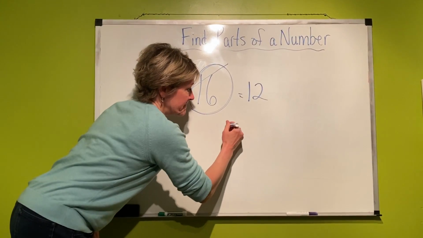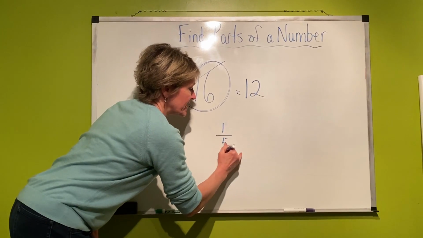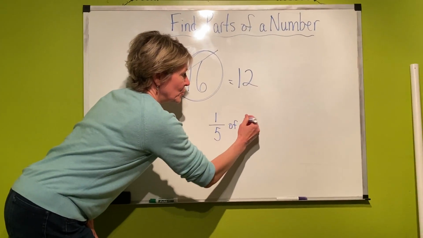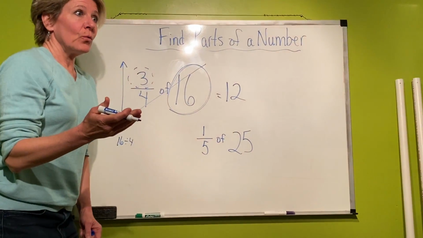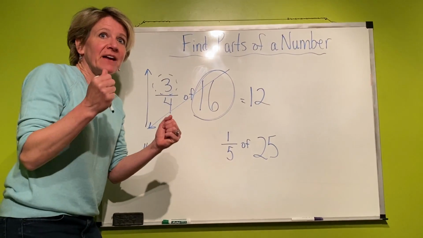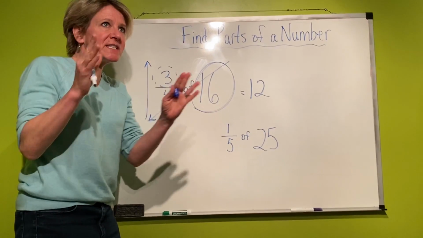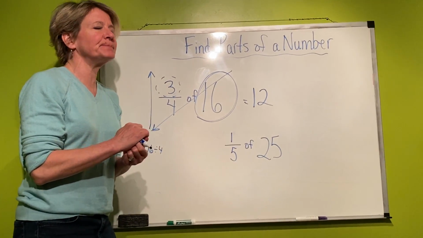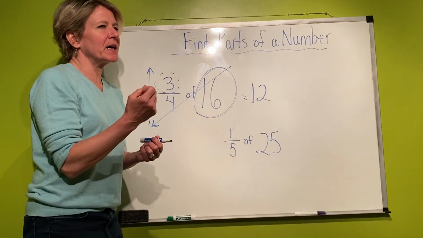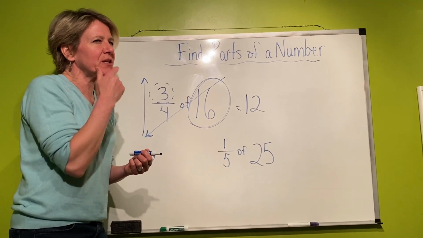What about 1/5 of 25? What if you earned $25 or you had $25 in a golden Easter egg and somebody said, I want to try to trick you or convince you.